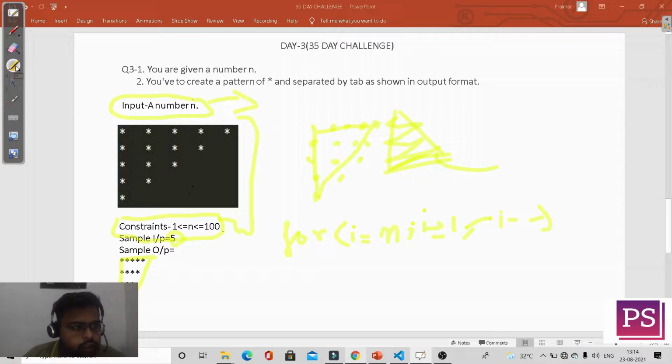Then we have to use a second loop. This is our first loop. This will only print like, in the first row it will print 5 stars, in the second row it will print one fewer, depending on the value of n.